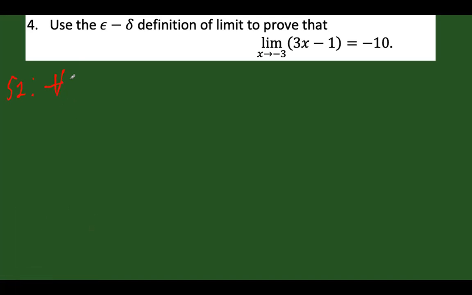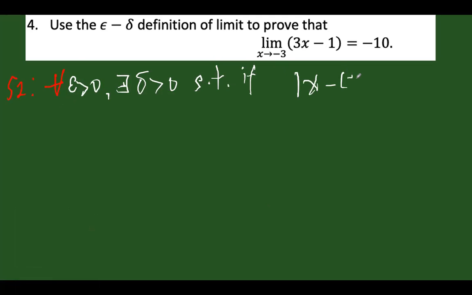All right, for every epsilon greater than 0, there exists delta greater than 0, such that if the absolute value of x minus -3 is less than delta, and of course this must be greater than 0, then what will happen?